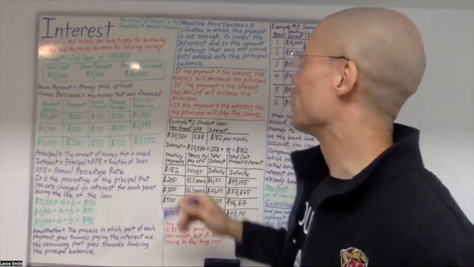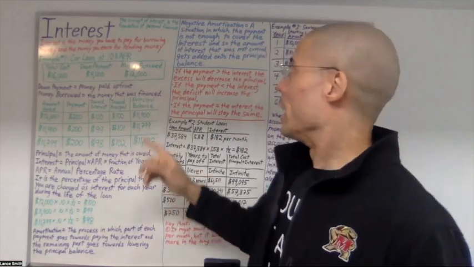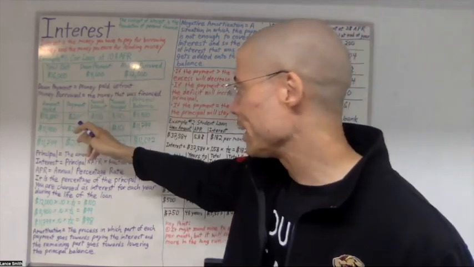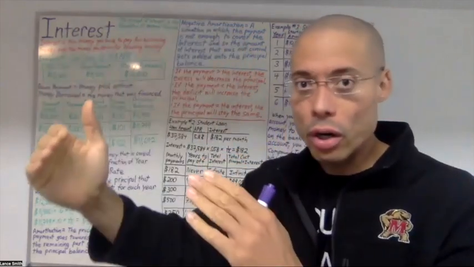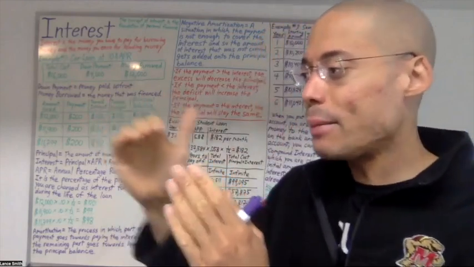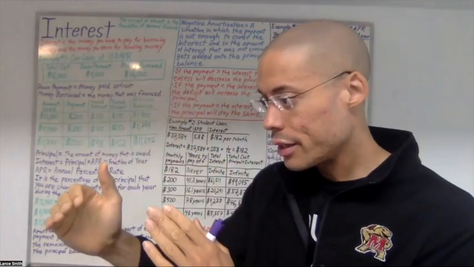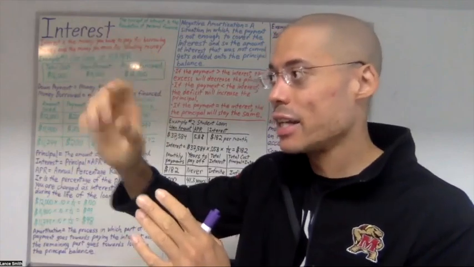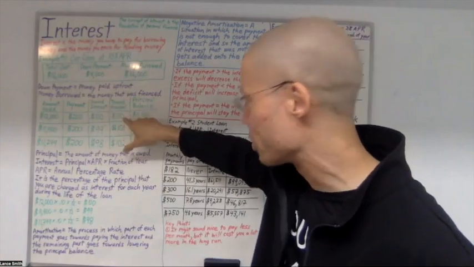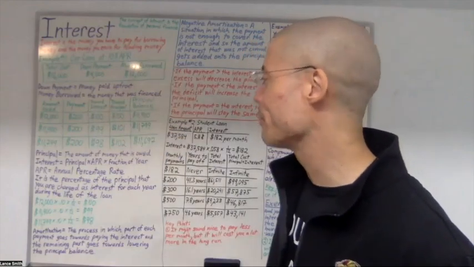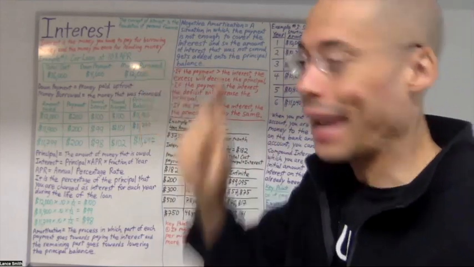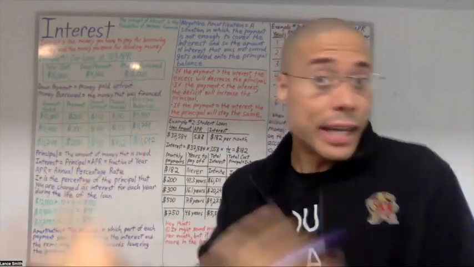All right. Now, here's the thing though. The way that it was working was that the payment always had to be more than the interest, because the payment has to cover the interest and have an excess so that the excess can go towards paying down the principal. So now what happens if the payment does not cover the interest?